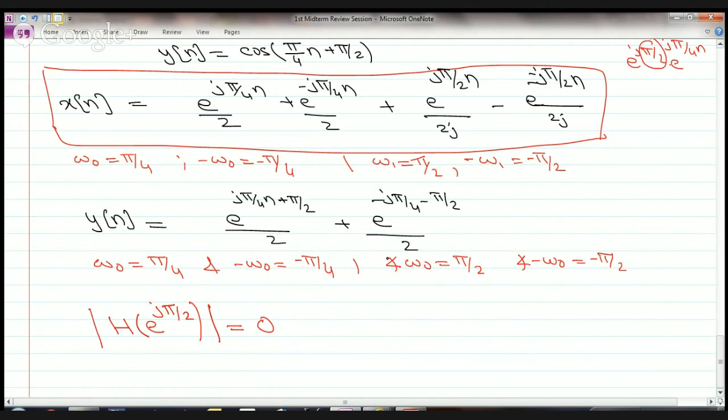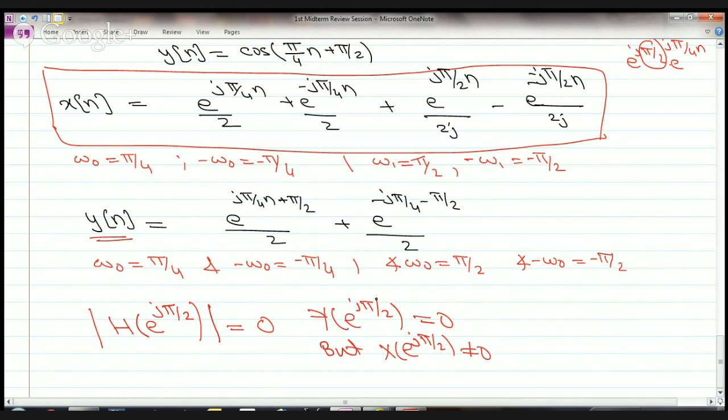Because at the output I have no frequency at pi by 2, this means that Y(e to the j pi by 2) equals 0, but X(e to the j pi by 2) is not equal to 0.